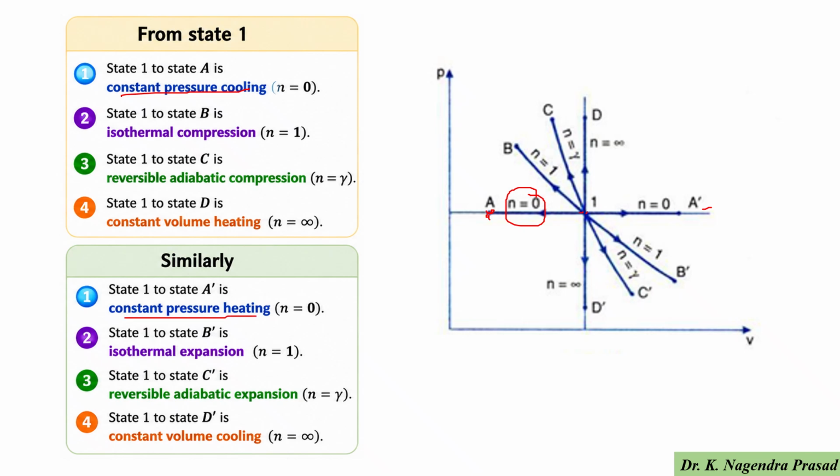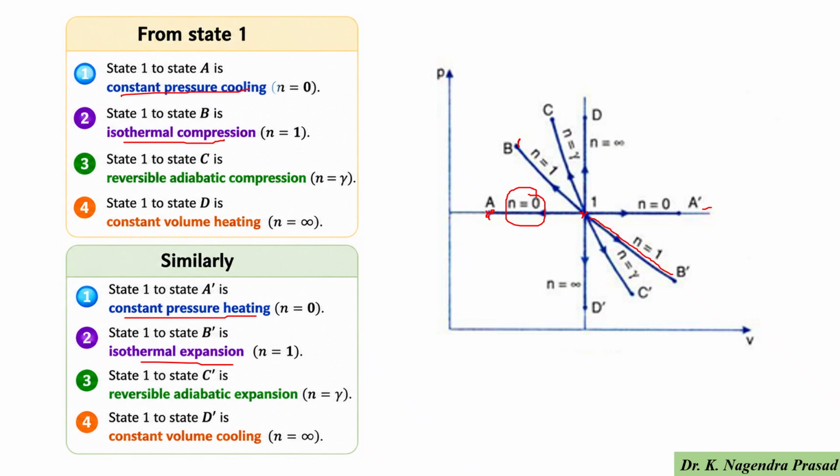Next we look at 1 to B, where the index n equal to 1. We know that when the index is equal to 1, this process is the isothermal process. Here 1 to B is the isothermal compression, and 1 to B dash is the isothermal expansion.